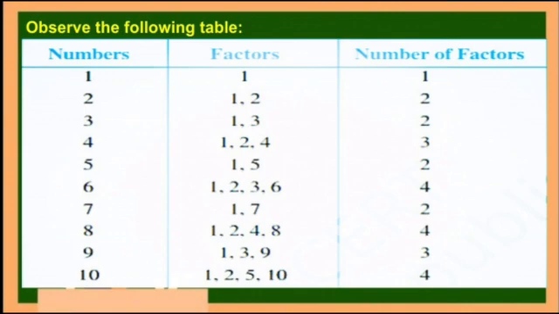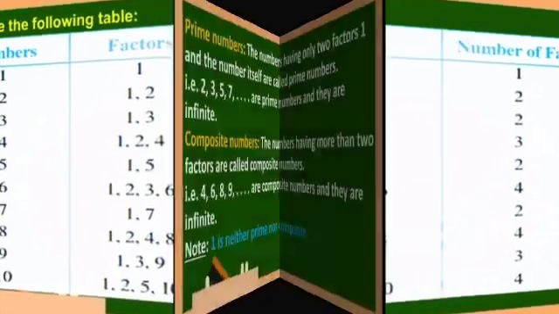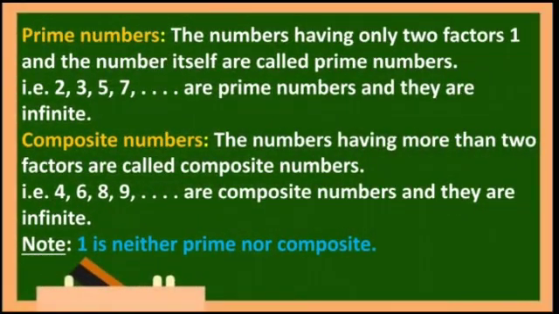Now let's define the prime numbers and composite numbers. The numbers having only two factors, that is 1 and the number itself, are called prime numbers. That is, 2, 3, 5, 7, etc. are prime numbers and they are infinite.